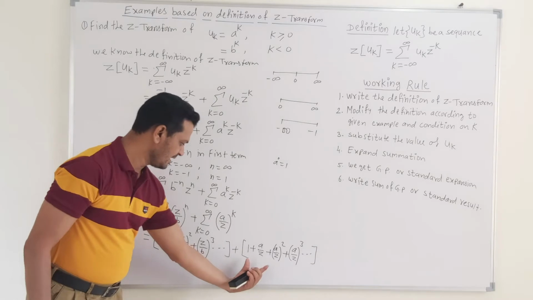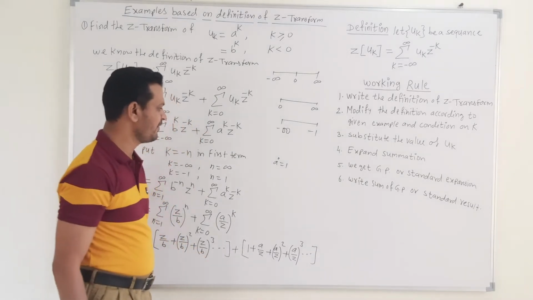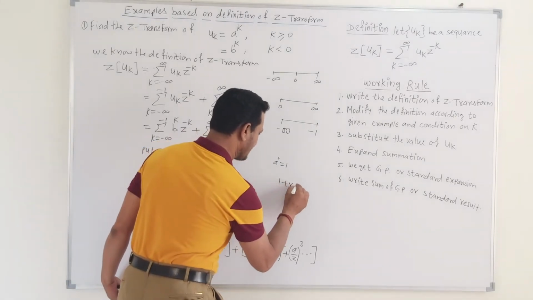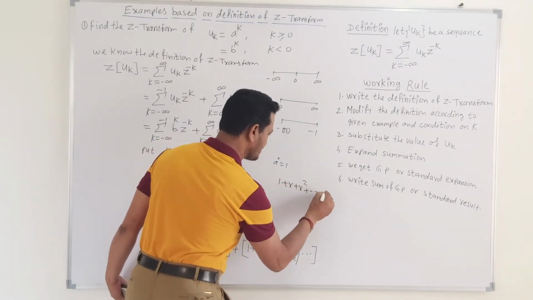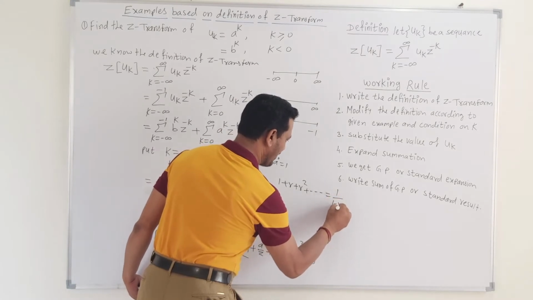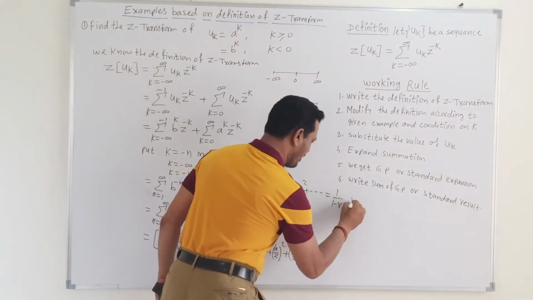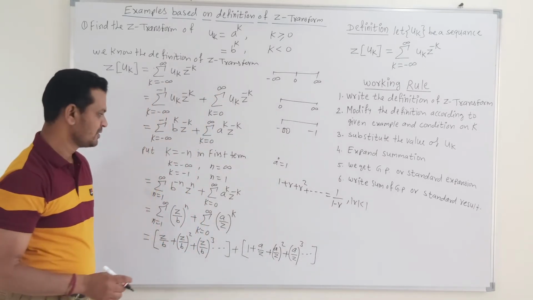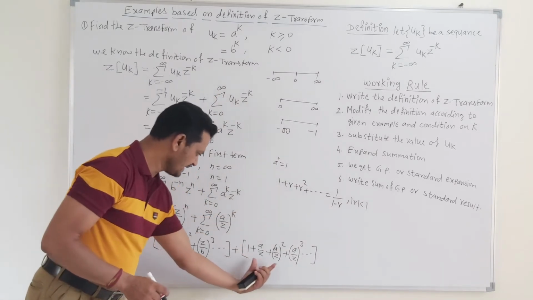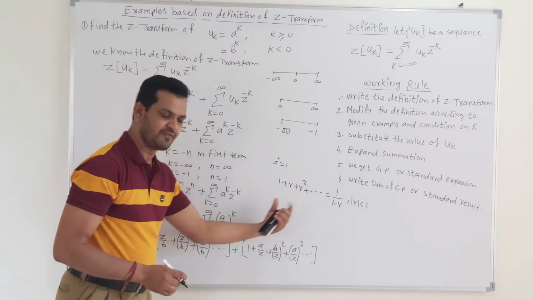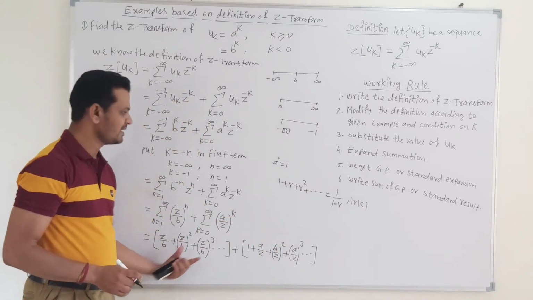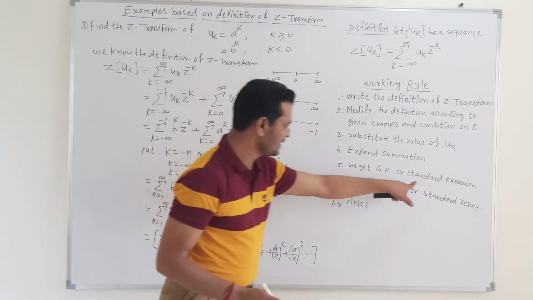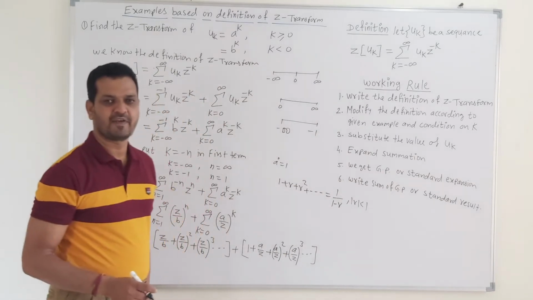Observe that this term is in geometric progression form, because a geometric progression is of the form 1 plus r plus r square and so on. Its sum is 1 upon 1 minus r, where mod of r is less than 1. This is the geometric progression concept we know. The second term is in our standard form, but the first term is not in the standard expansion of any function.